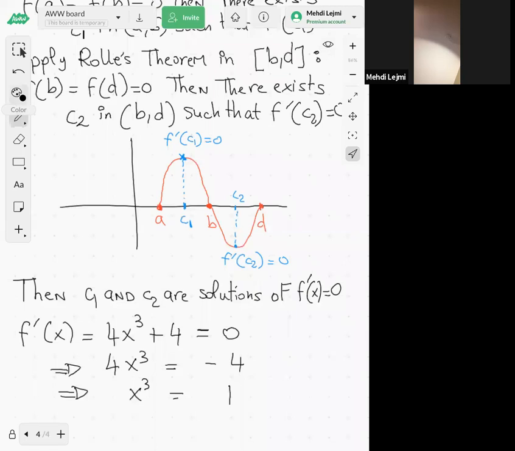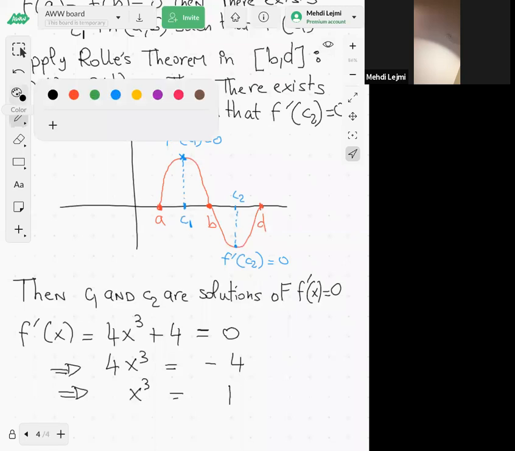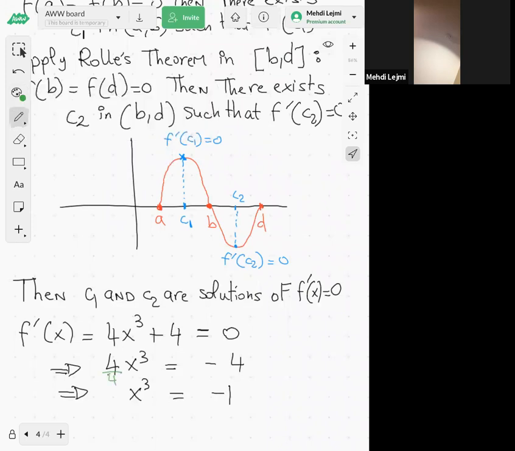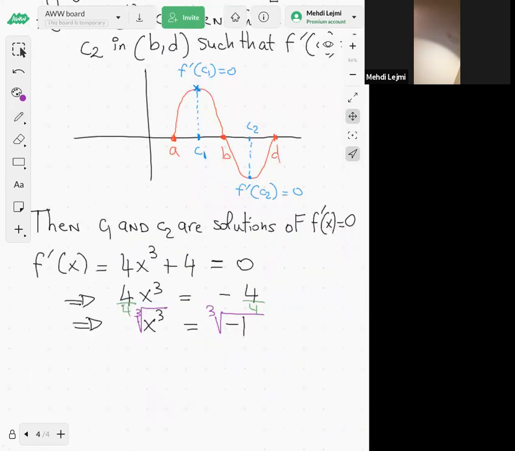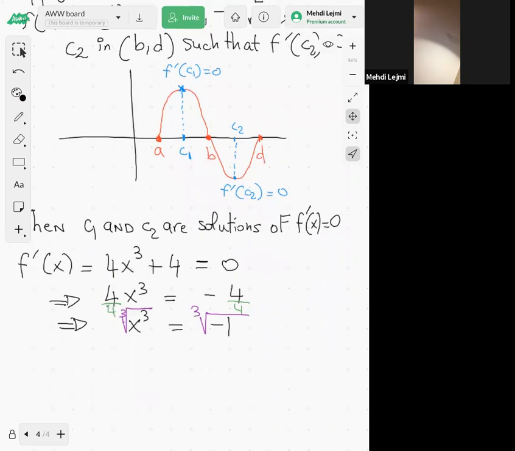Then we apply the third root. There's no plus or minus because it's a cube, an odd power, so there's only one solution.